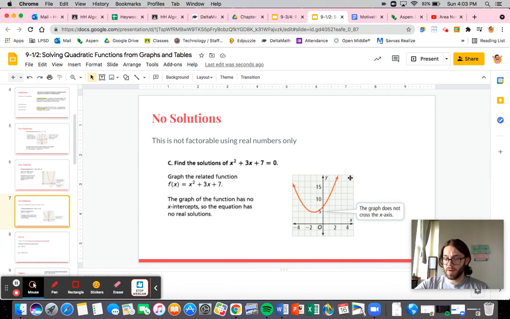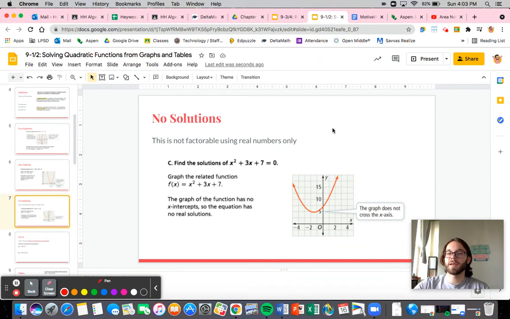So if we graph this, it never touches the x-axis. So if we're calling the solutions the x-intercepts, there's no x-intercepts, and that's fine. There's nothing wrong with that. It just means we can't say that there's a solution. There's no solution. So this is what it's going to look like.